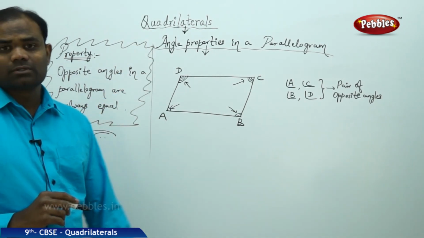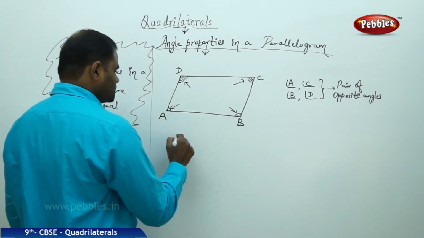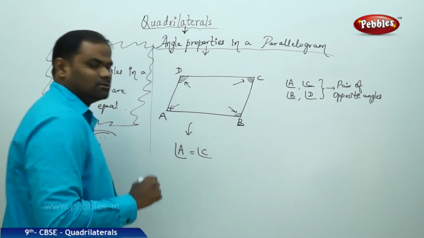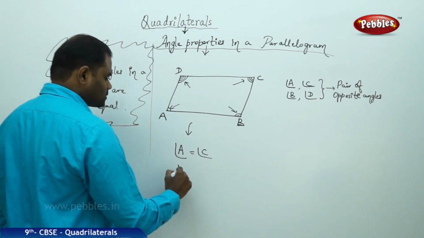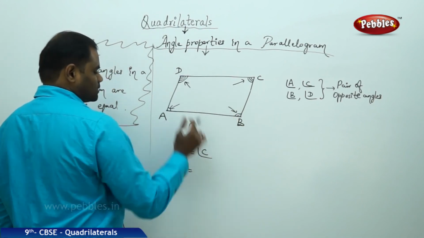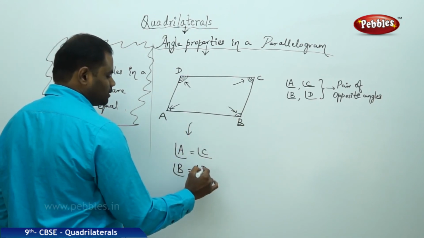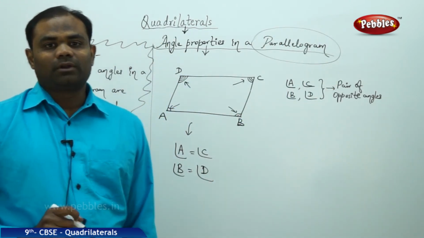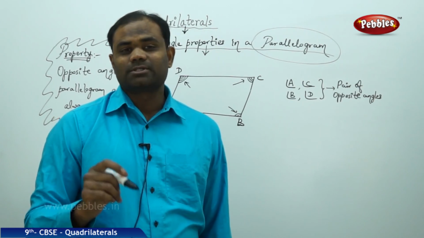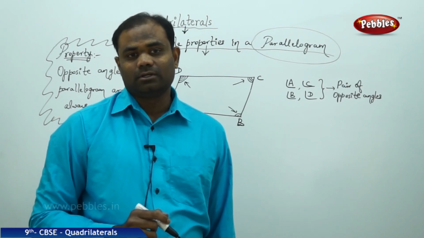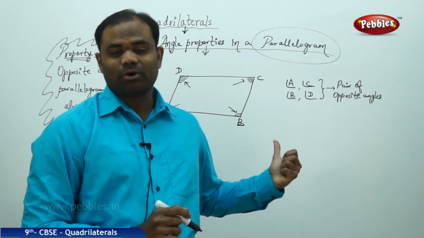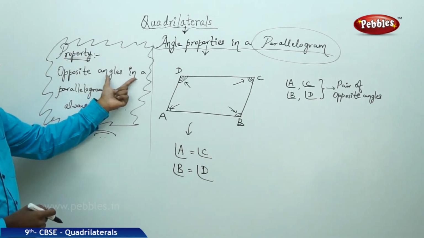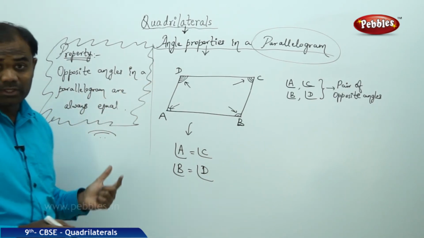This is how we conclude the property. That is, in this case, angle A must be equal to angle C and angle B, opposite to that, angle D, must be equal if ABCD is a parallelogram. For a parallelogram ABCD, opposite angles must be equal is how we understand the property connecting the opposite angles. Opposite angles in a parallelogram are always equal.